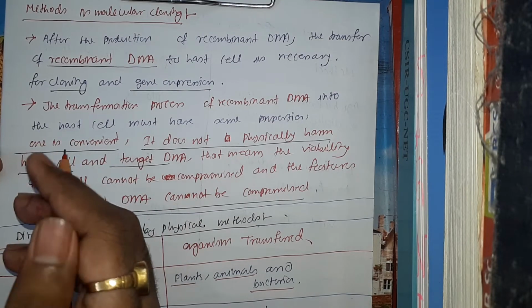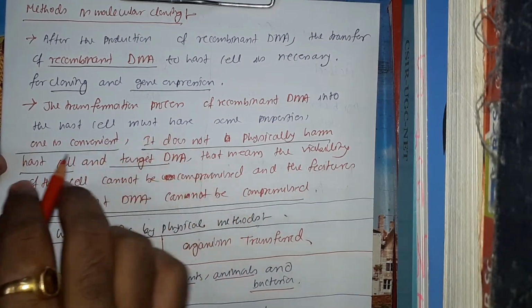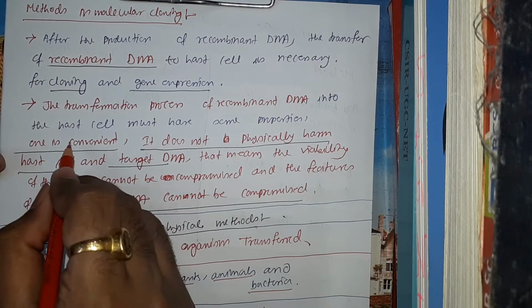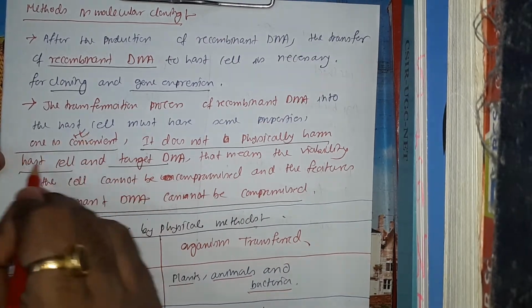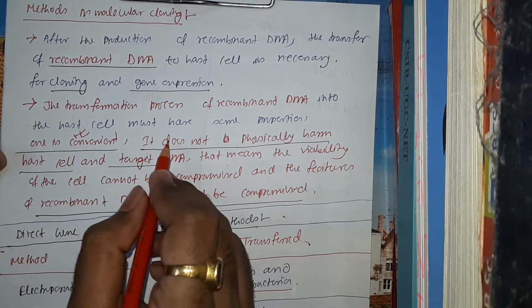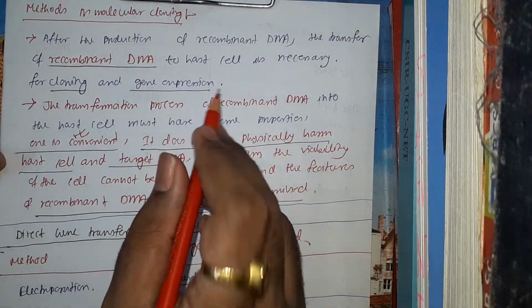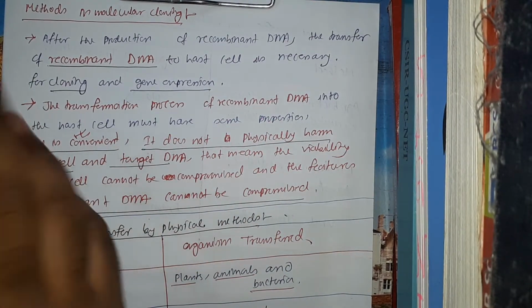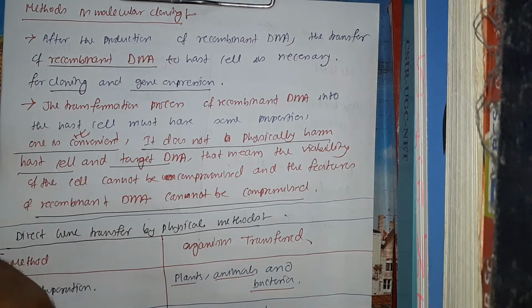Whatever transformation process you choose for your recombinant DNA technology work, first of all the transformation procedure must be convenient. And it must not have the ability to physically harm the vectors as well as our gene of interest, that means our recombinant DNA, along with the host itself.